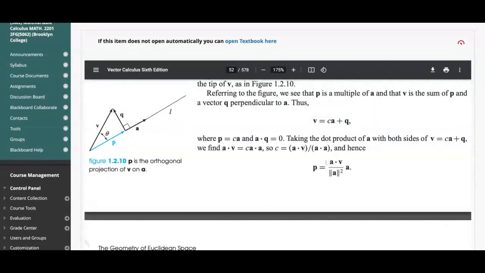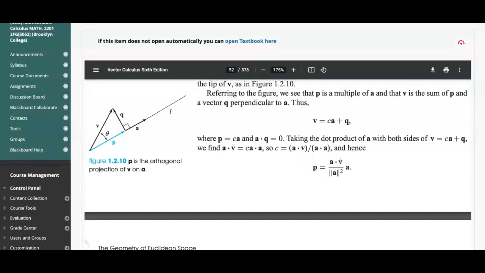And we have this formula to calculate the projection. With a right triangle, if we know two sides, we know the third side, but we can use the vector idea to do the same thing.